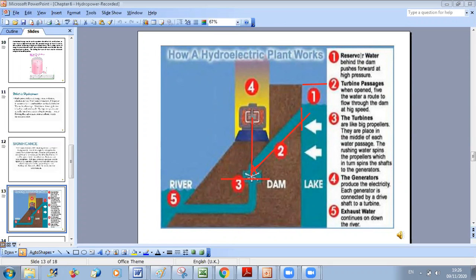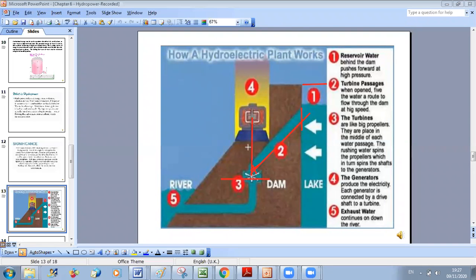So here in summary, you have step one, the reservoir of water. Behind the dam, we push water forward at high pressure. Once we want to use it, we have a turbine passage where, when opened, water will flow over it until reaching the turbine. At level 3, we have the turbine, which is similar to big propellers, and they are placed in the middle of each water passage.